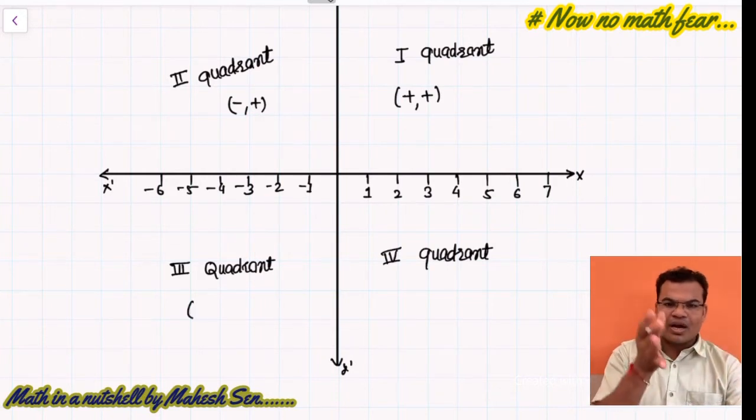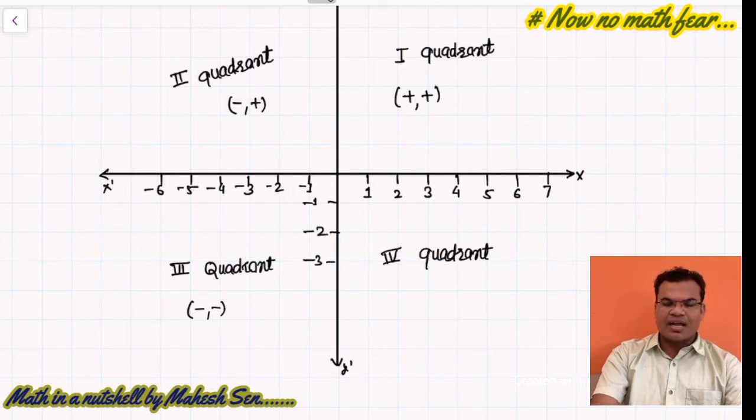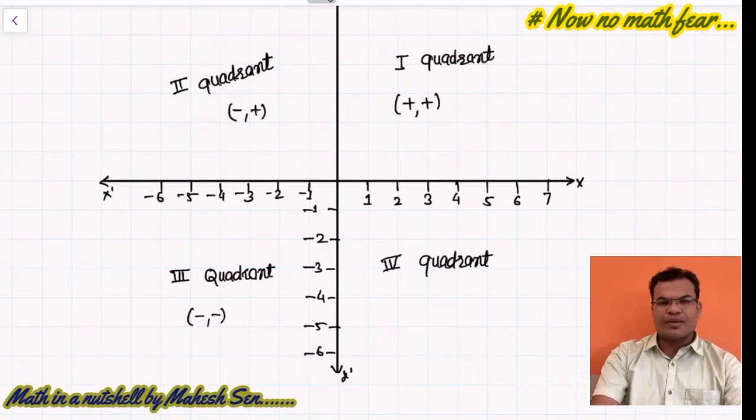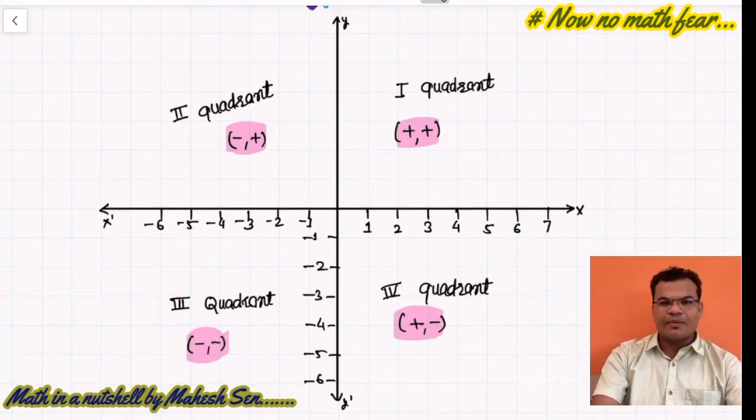X is negative and y is also negative, so the third quadrant is minus comma minus. And the last one is the fourth quadrant, between x and y dash. So x is positive and y is negative, so it will be plus minus. These are the signs of the four quadrants for any point which lies in them.